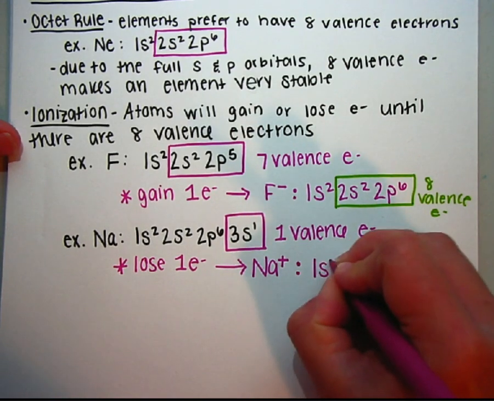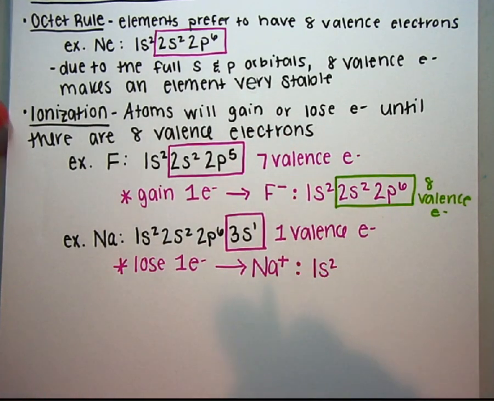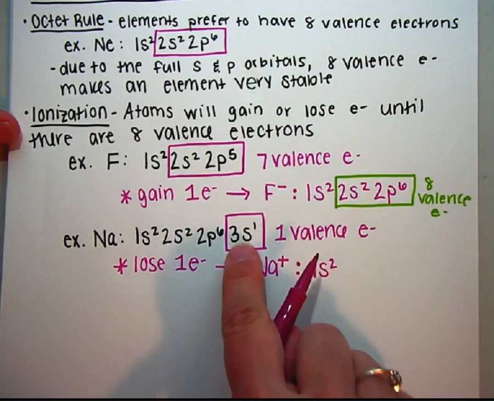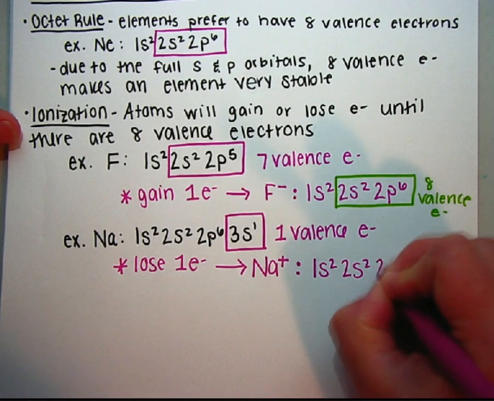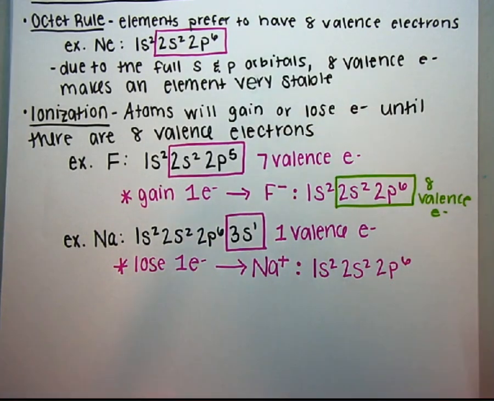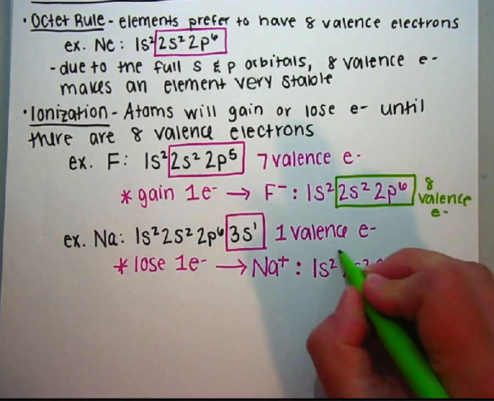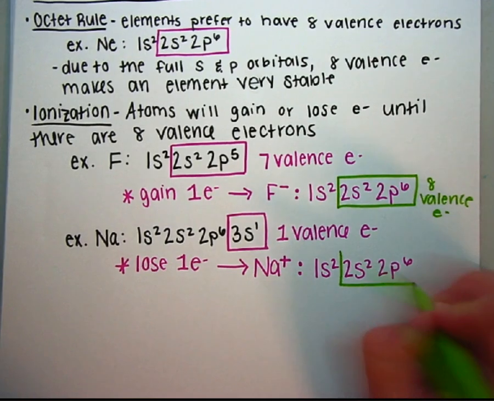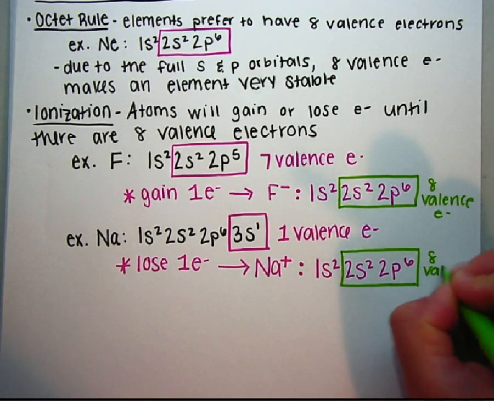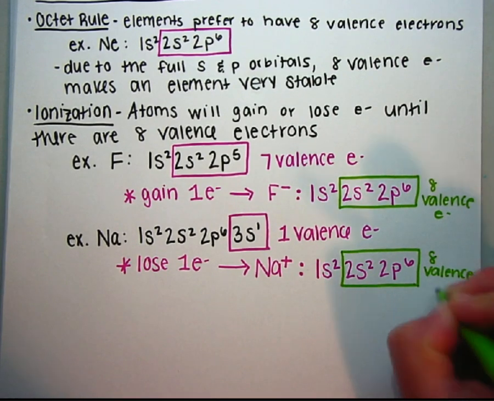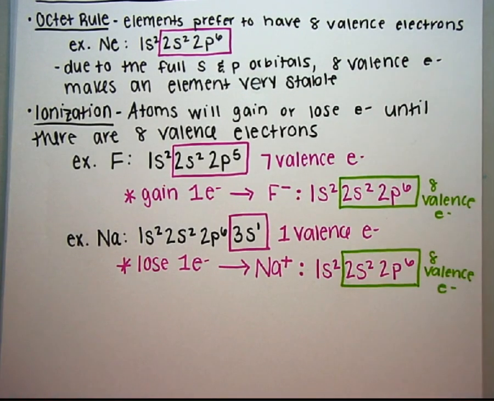If it loses 1 electron, it's going to get rid of this 3s1, so my electron configuration is 1s2, 2s2, 2p6. Now the second energy level becomes outermost, and again we have 8 valence electrons.